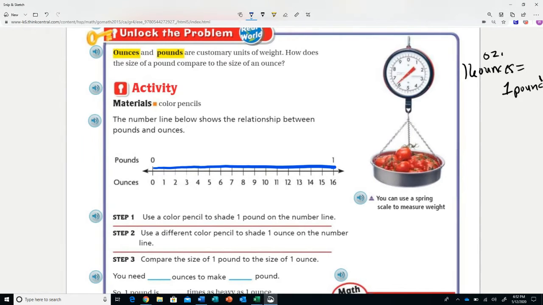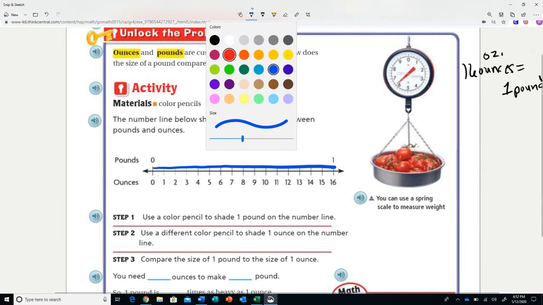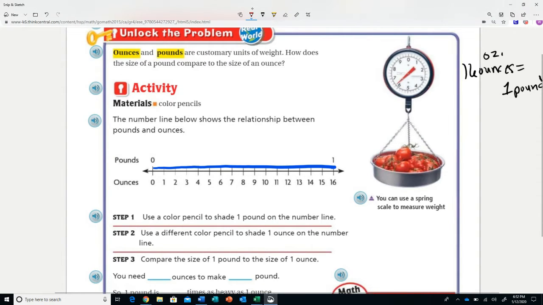All right. The next part, step 2, says use a different color pencil to shade 1 ounce on the number line. So 1 ounce is from 0. Oh, I don't want blue for this. It's going to go from 0 to 1. And that is it.